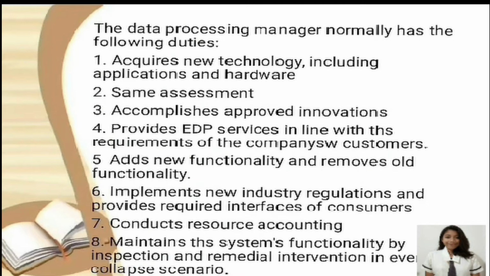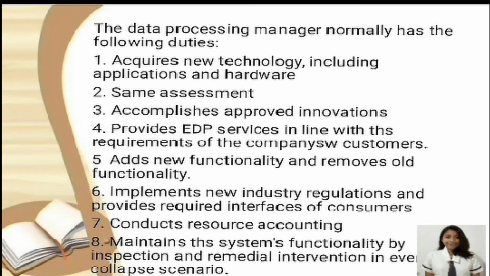Number 6, implements new industry regulations and provides required interfaces for consumers. The consumers or the customers should come first, so you implement regulations to make the consumers happy. Number 7, conducts resource accounting. There must be records of accounting about the company and staff.